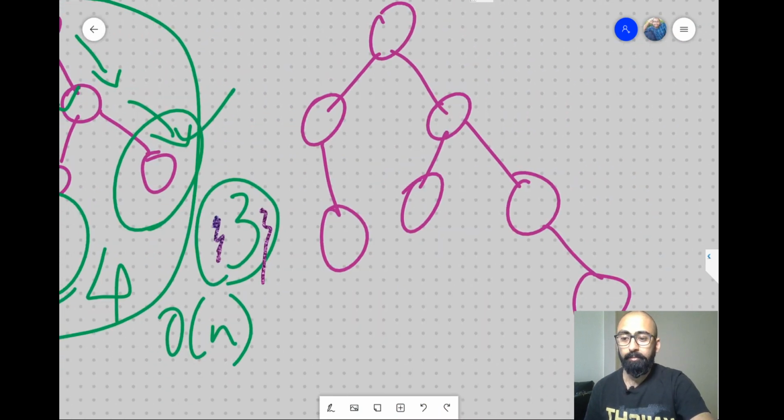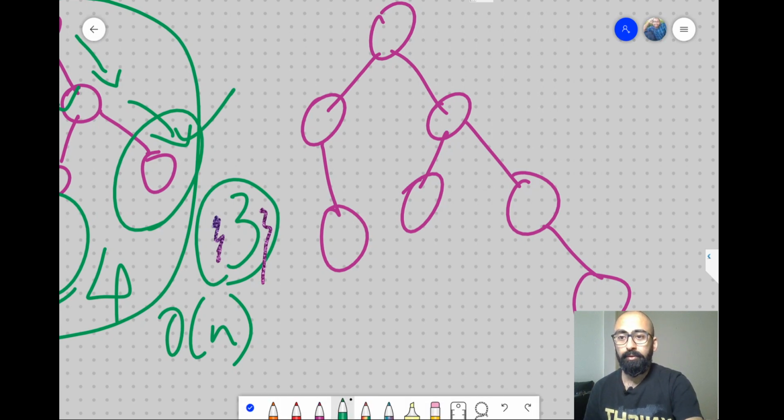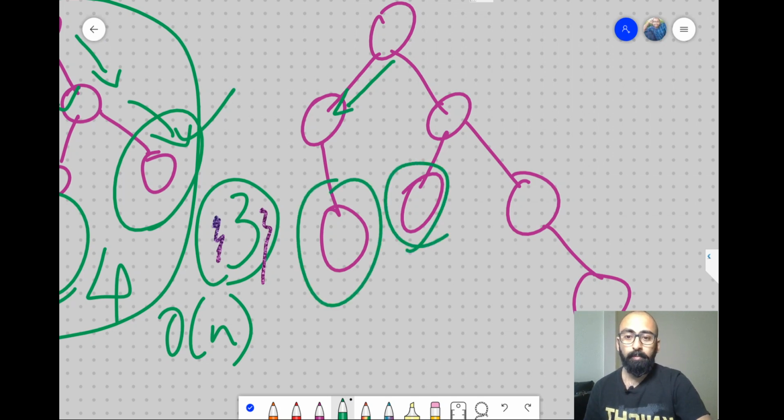Now let's look at this example. In this example, what are the leaves here? These are the leaves, and then you've got one leaf here. What's the height for this one? It's going to be 3. Height for this one is also going to be 3. Height for this one is going to be 1, 2, 3, 4, 5.